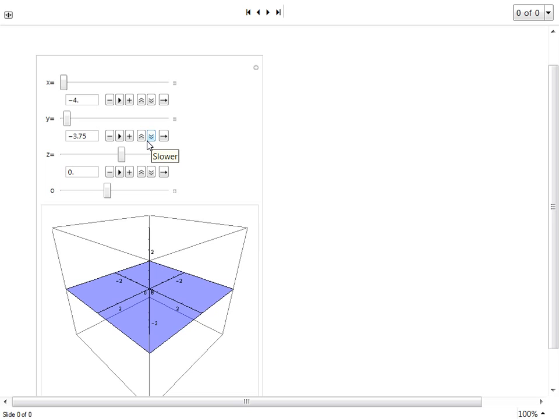A plane is almost equivalent to a point in one-dimensional space. It's almost the most basic geometric representation you can have. It's just X is a number, or Y is a number, or Z is a number.